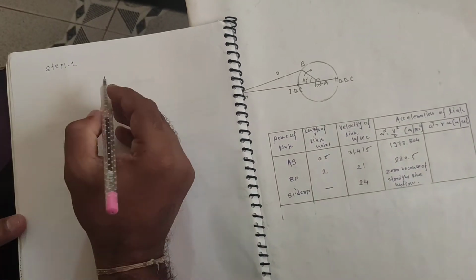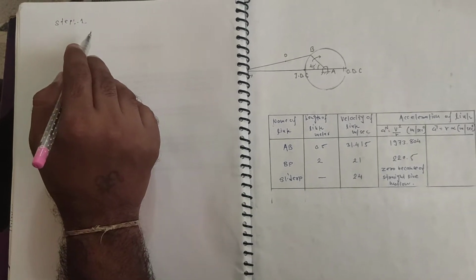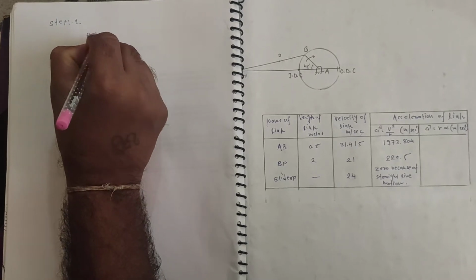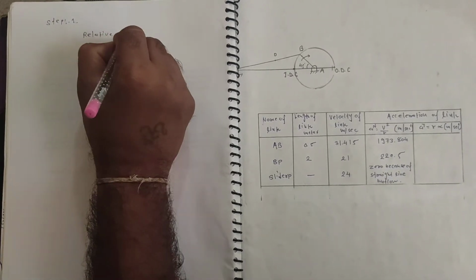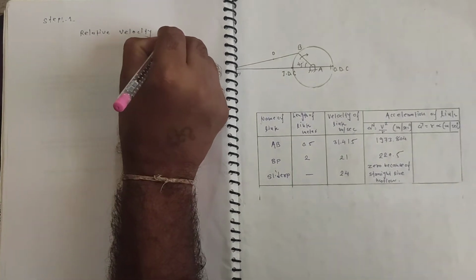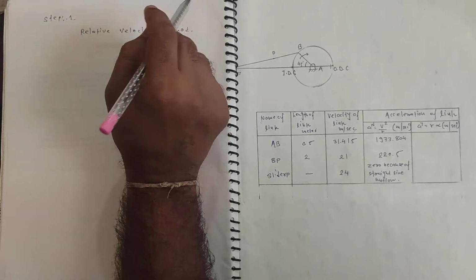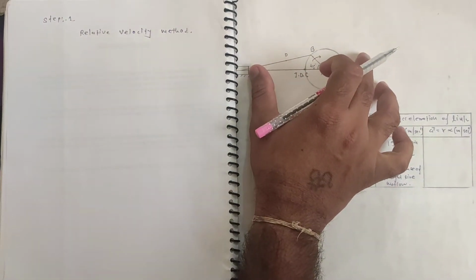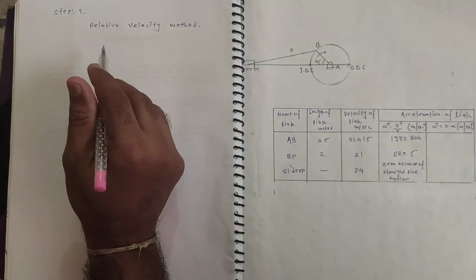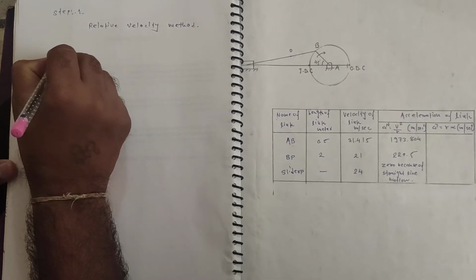For drawing an acceleration diagram we have to use the relative velocity method. As per the configuration diagram, we have to draw a velocity diagram.